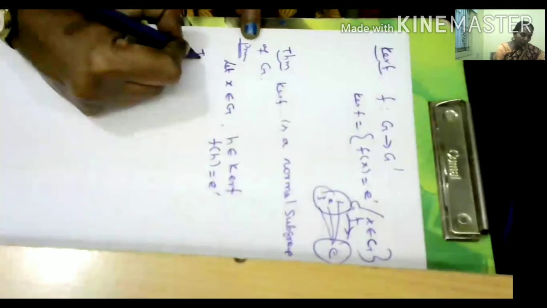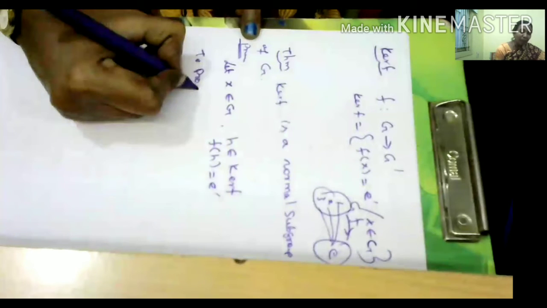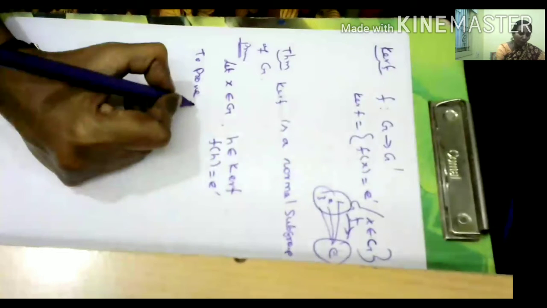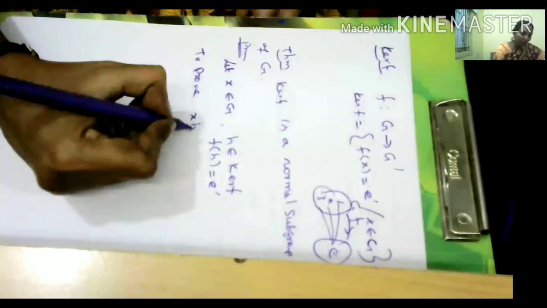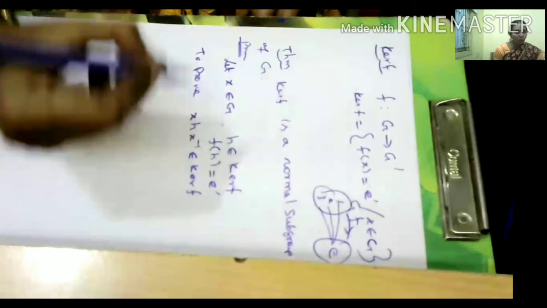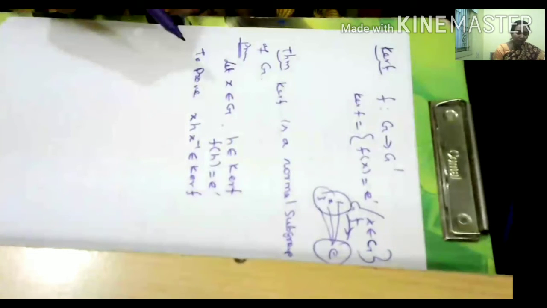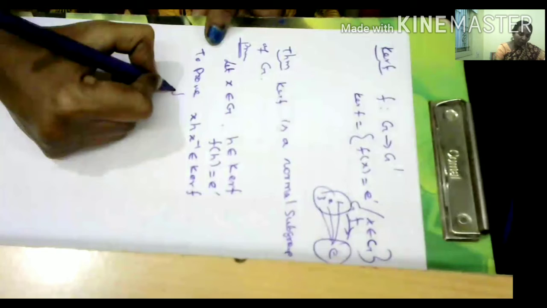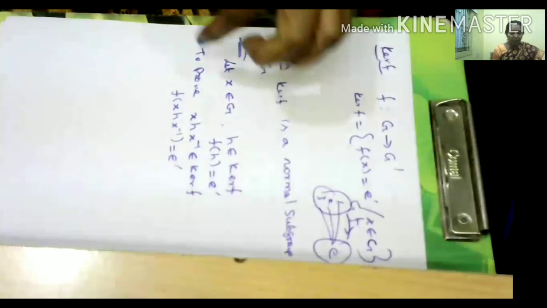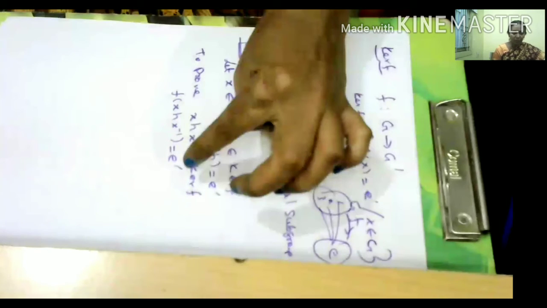So to prove that kernel F is a normal subgroup, we write: X H X inverse belongs to kernel F. For proving this, it is enough to prove that F of X H X inverse is equal to E dash. If F of X H X inverse equals E dash, then definitely X H X inverse belongs to kernel F.